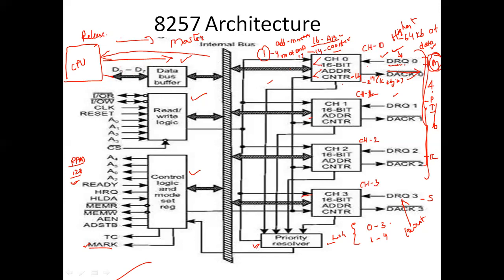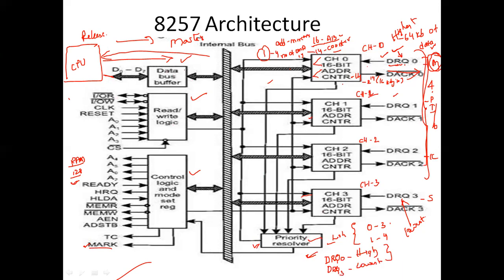That is the purpose of this one. The priority resolver gives DRQ0 the highest priority and DRQ3 the lowest priority. Based on this, it keeps the requests accordingly. That is the priority resolver.